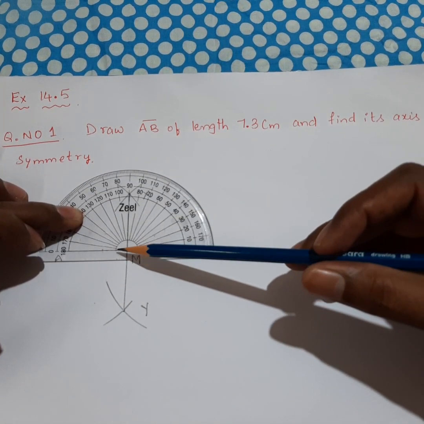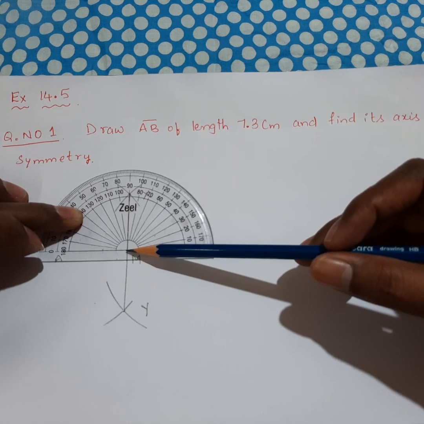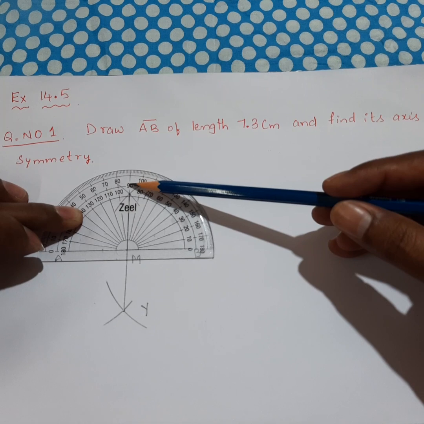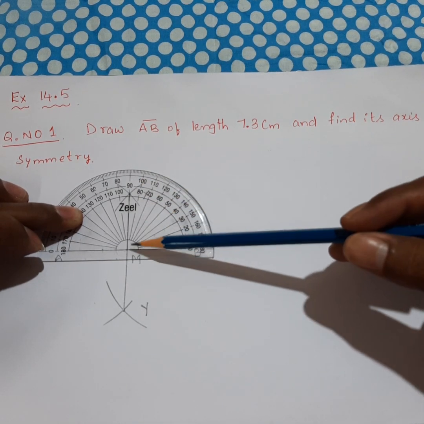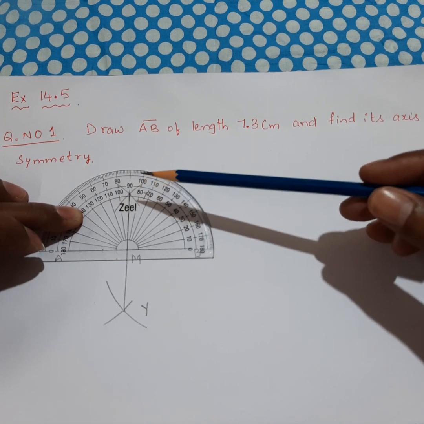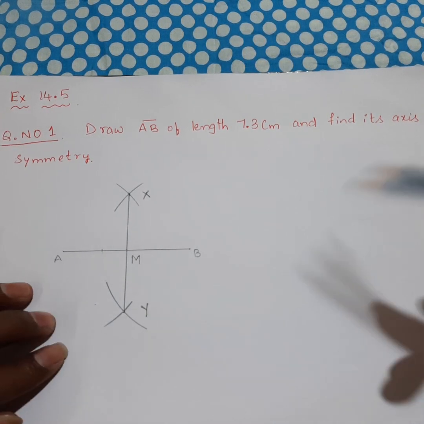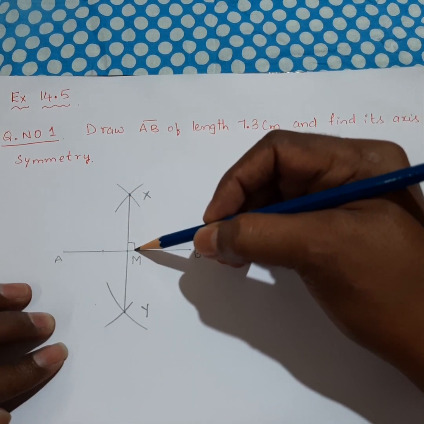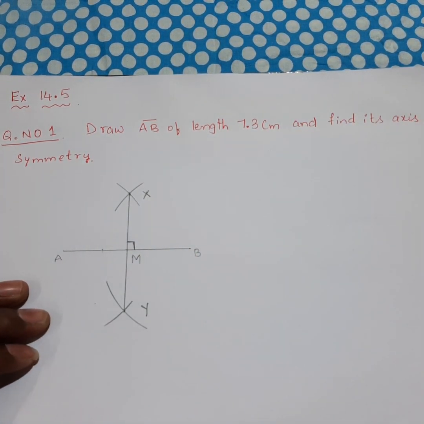This is the point M. Angle AMX is 90 degrees, and the angle BMX is also 90 degrees. So here we need to keep the symbol 90 degrees at M. So this is the perpendicular bisector of the given line segment AB. Clear, children?